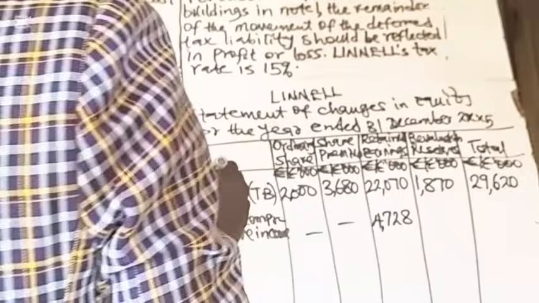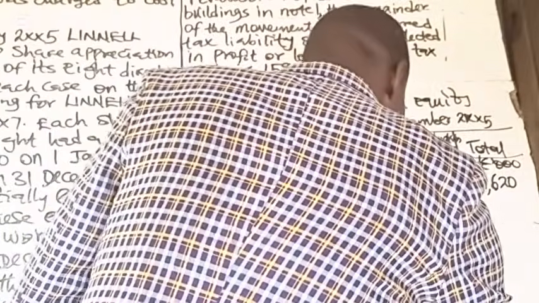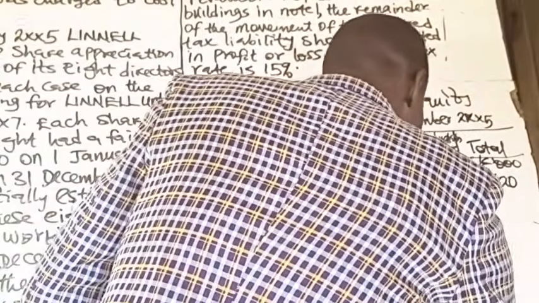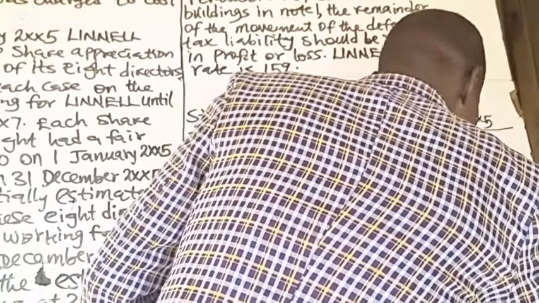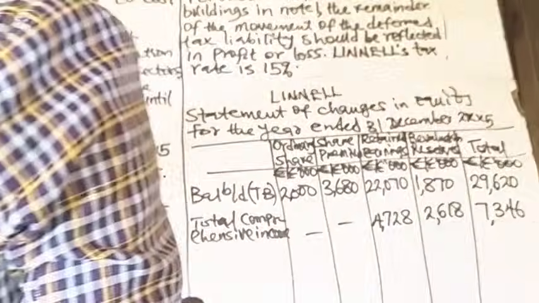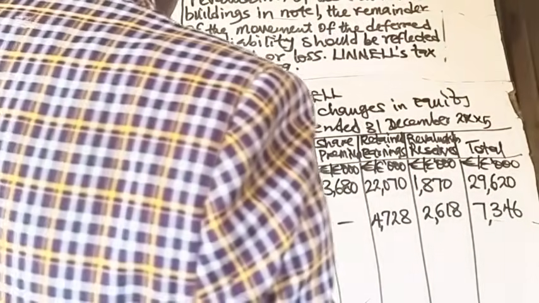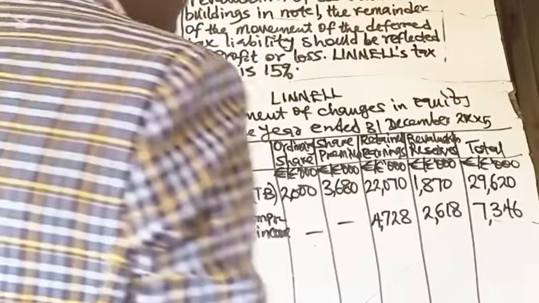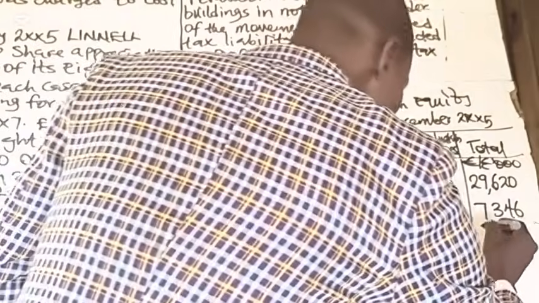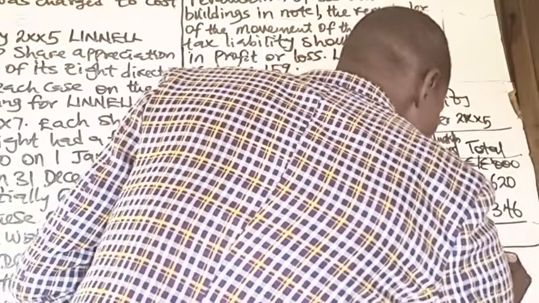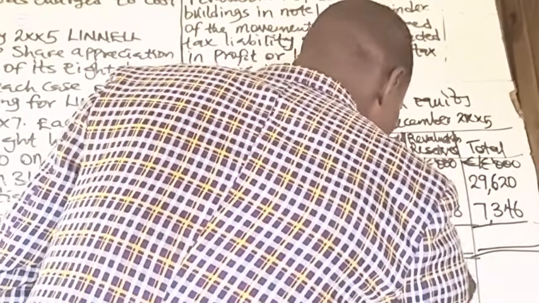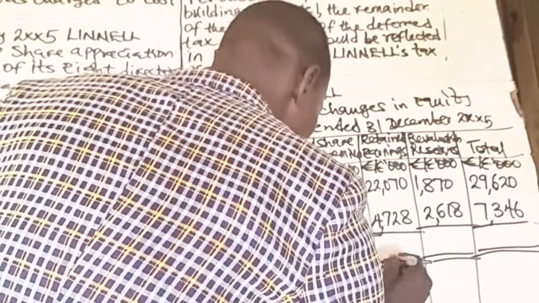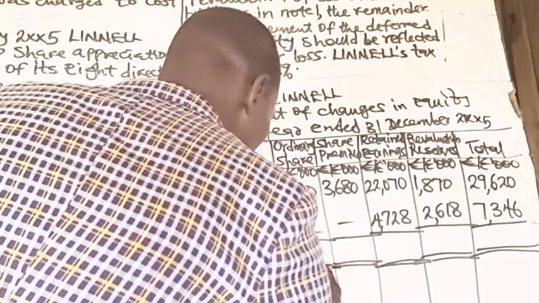And then the revaluation surplus net of tax, 2,618,000. And the total comprehensive income for the year is 7,346,000. There are no dividends paid during the year, no issue of shares. So that means there are no further items that need to be recognized in the statement of changes in equity.